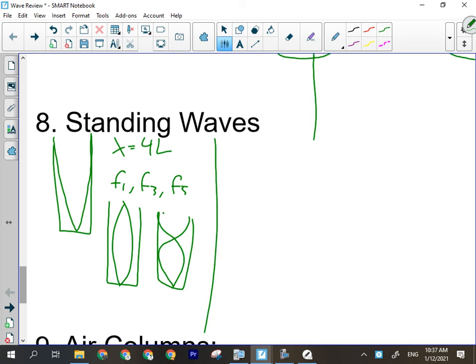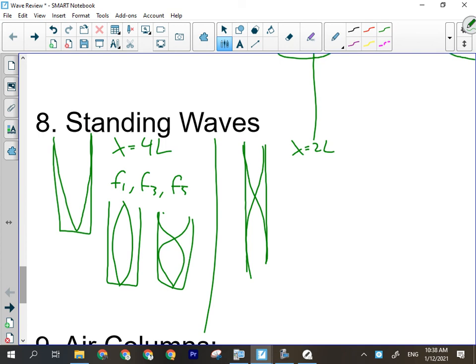With our open air columns, open at both ends, lambda equals 2L for the fundamental frequency, because there's half a wavelength in the tube at that first resonant point.